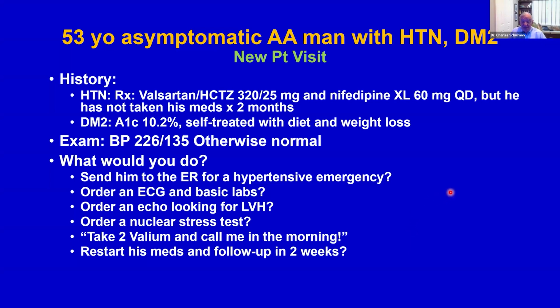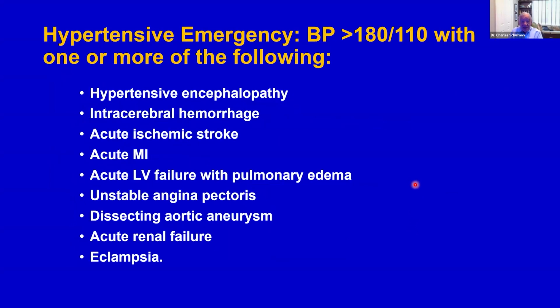Well, let me tell you what a true hypertensive emergency really is. It's a blood pressure of 180 over 110 with one or more of the following: hypertensive encephalopathy, an intracerebral hemorrhage, a stroke, an acute MI, left ventricular failure, unstable angina, dissecting aneurysm, acute renal failure, or eclampsia.